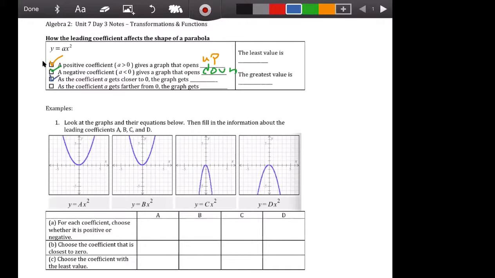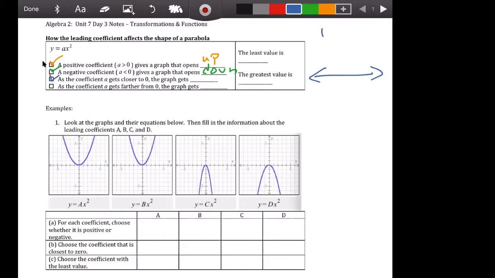As the coefficient a gets closer to 0, it's almost like the questions that you talked about in Algebra 1, where we talked about slopes. A 0 slope was horizontal.